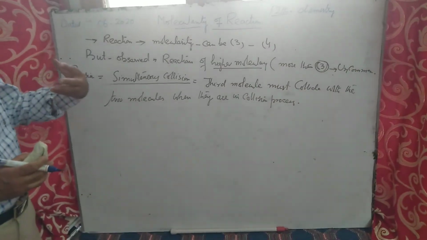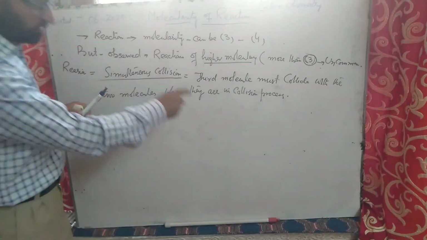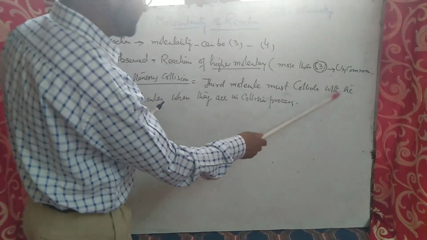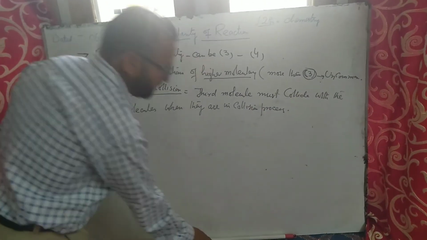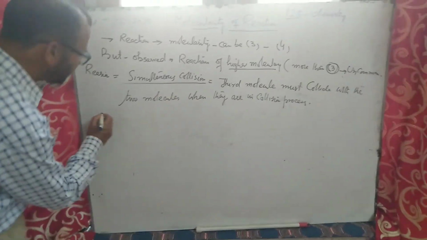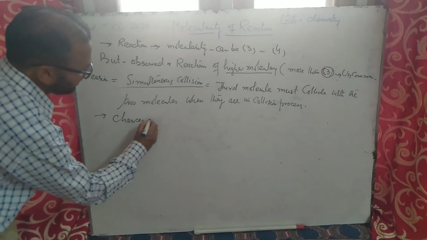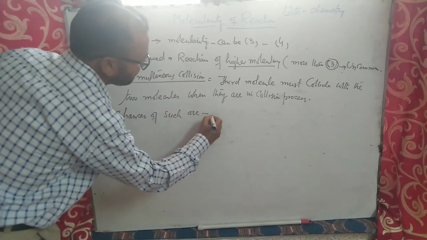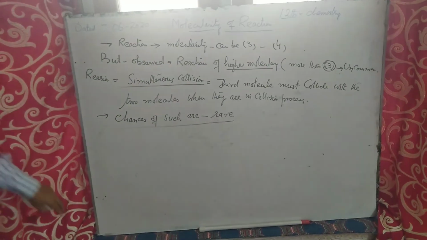In the case of a trimolecular reaction, it means that the third molecule must collide with the 2 molecules when they are already in collision. The chances of such collisions are rare. Such collisions do not often take place.